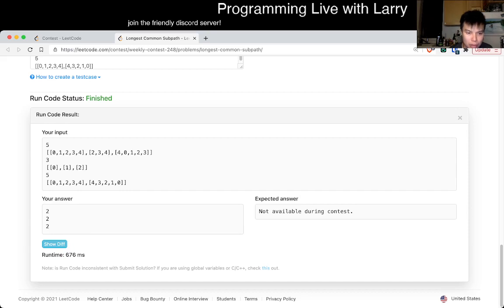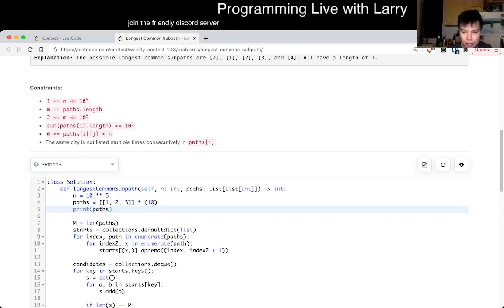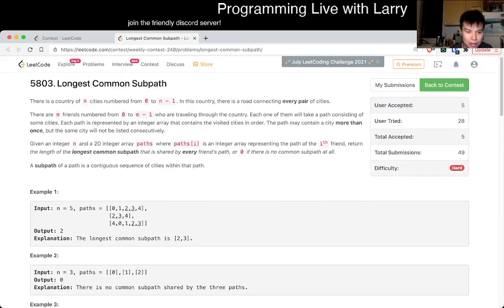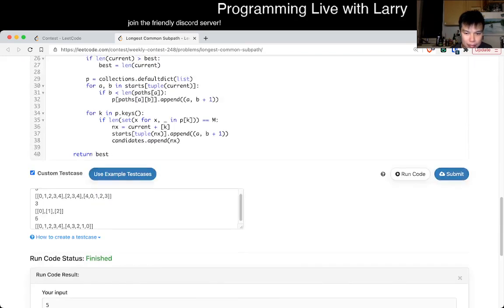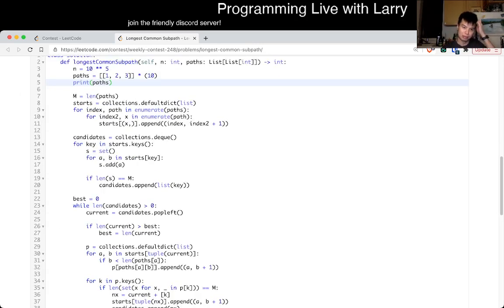It shouldn't be 2 though. Shouldn't the answer be 3? Maybe I got it wrong though. No, this answer should be 3, so I'm getting something wrong.